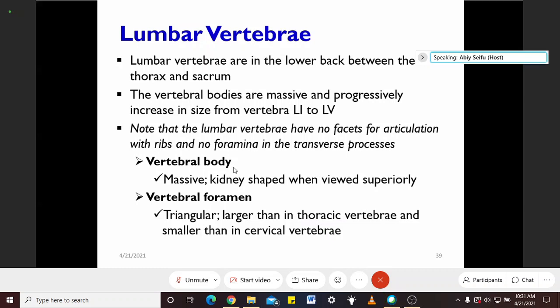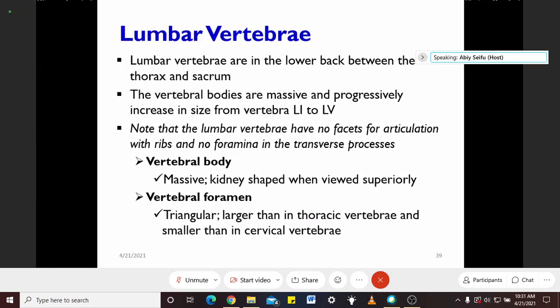But there are still other features used to identify a specific vertebra, whether it is lumbar or not. For instance, the body is kidney shaped and massive, because it receives weight.